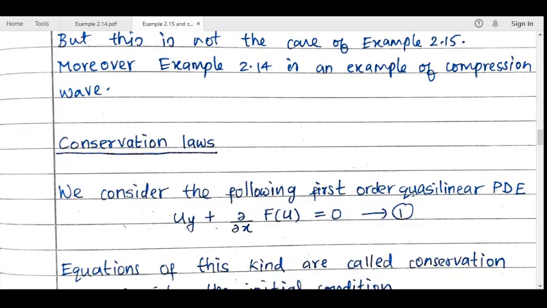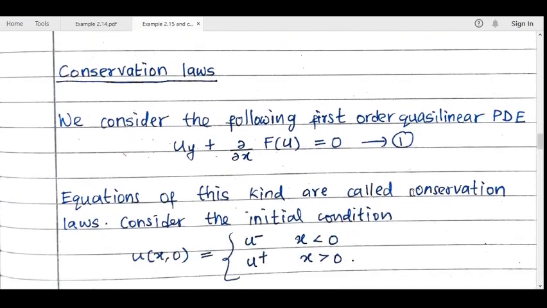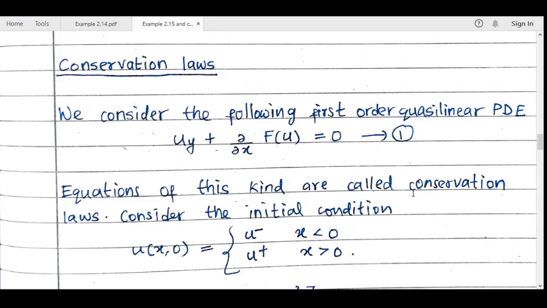Now we will see the next topic, that is the conservation law. So in the first case we have seen the Euler equation, where the equation was u y plus dou by dou x of half u square. That was Euler's equation.